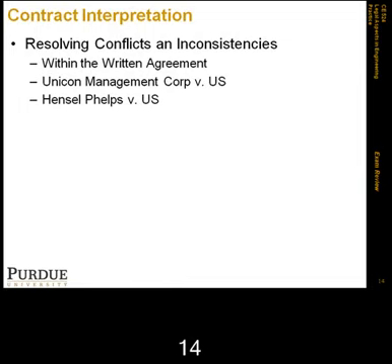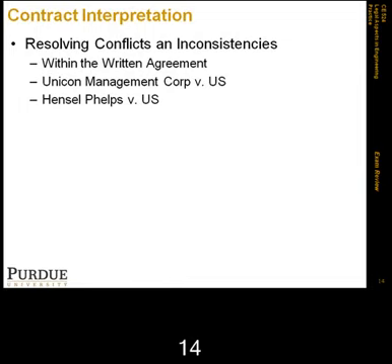So Hensel Phelps was in contract to build a jet engine repair facility at Tinker Air Force Base, and the specs required an 18-inch fill, while the drawings called for a 36-inch fill. The contracting officer was advised that Hensel Phelps used the specs rather than the drawings in pricing their work, and there was an order of precedence clause that gave higher precedence to the specifications over the drawings.